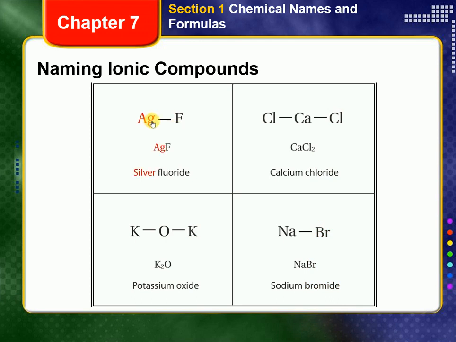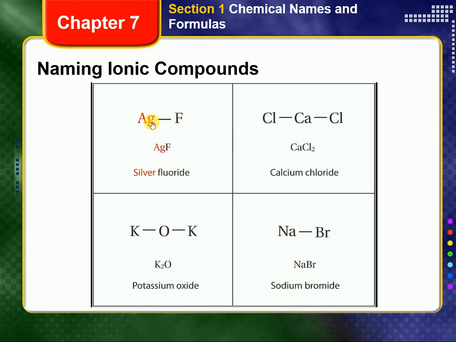So silver and fluorine becomes silver fluoride. Calcium and chlorine becomes calcium chloride. Potassium and oxygen becomes potassium oxide. Sodium and bromine becomes sodium bromide.